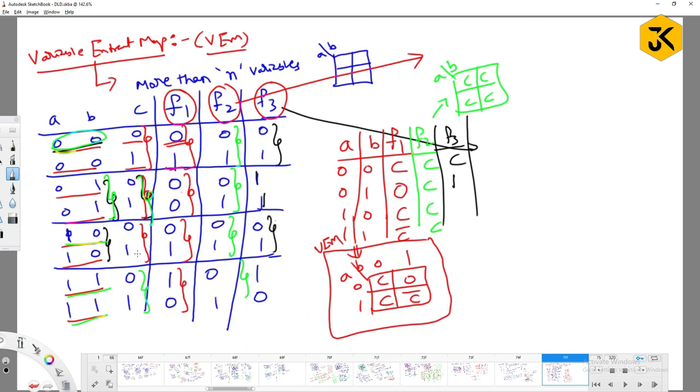Meaning that the C input is the output. So you can write C here. What about this one? C. So for this one, the variable entrant map is AB 0 1, 0 1. For 0 0 it is C, for 0 1 it is 1, for 1 0 it is C, for 1 1 it is C. Like this you can do, right?